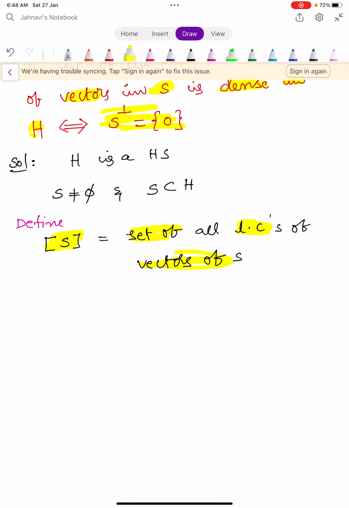Now we have to show that this box S is dense in H. Our aim is to prove that this box S is dense in H if and only if S perpendicular is equal to the set {0}.